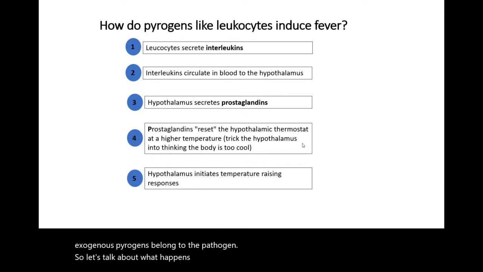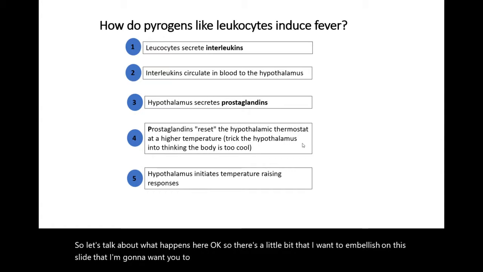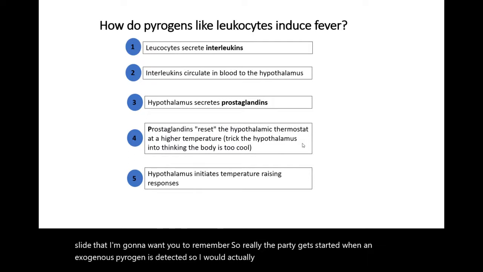Okay, so there's a little bit that I want to embellish on this slide that I'm going to want you to remember. So really the party gets started when an exogenous pyrogen is detected. So I would actually kind of pencil that in above number 1.